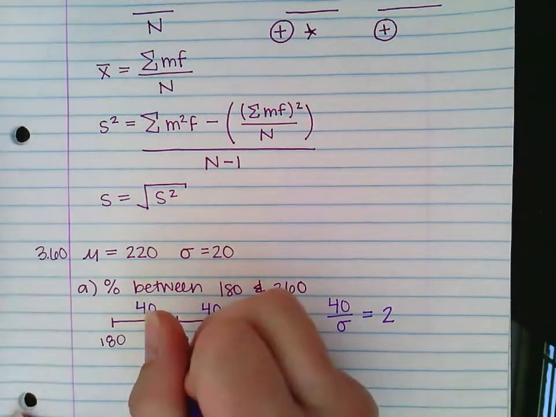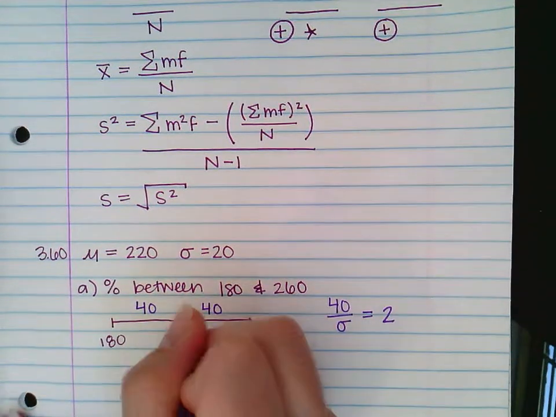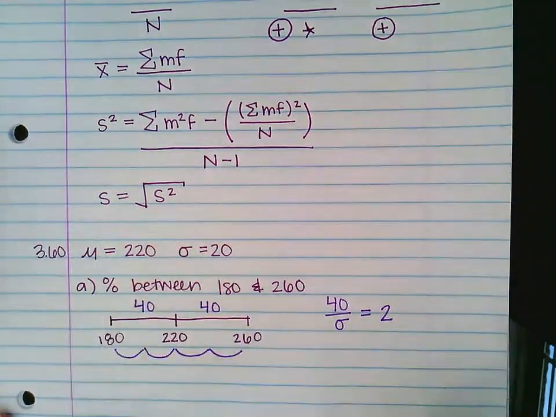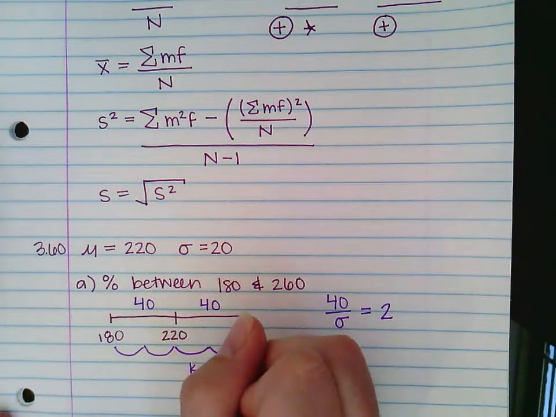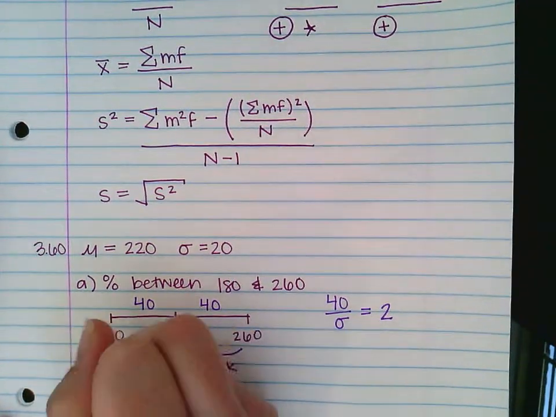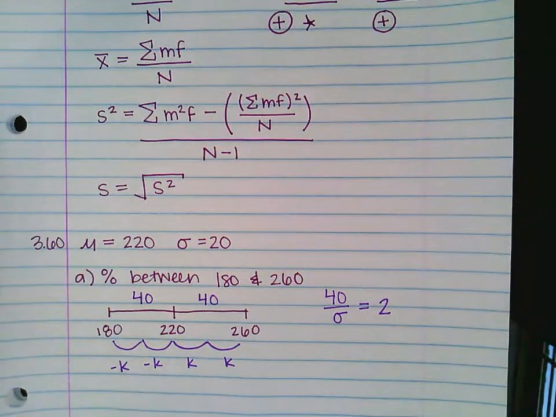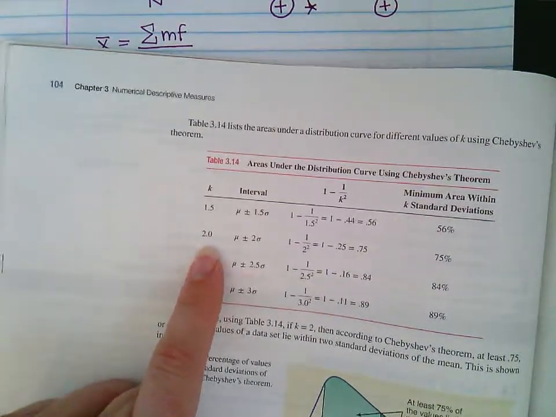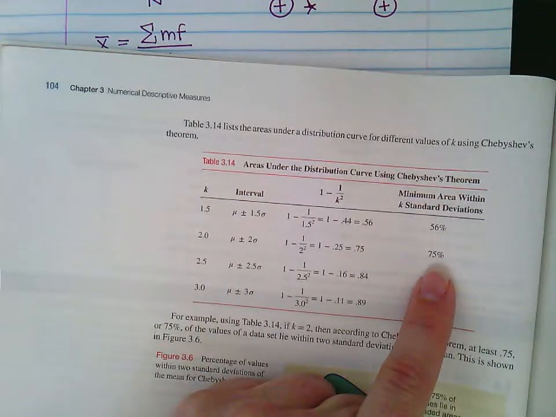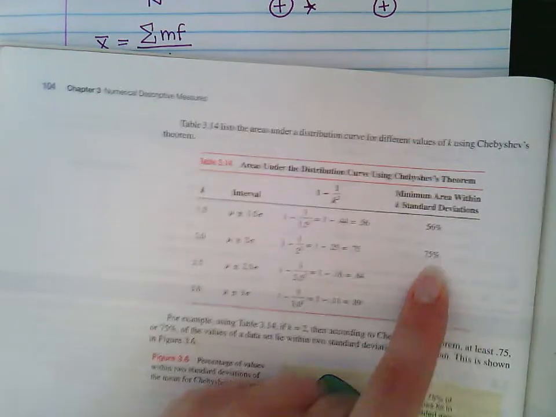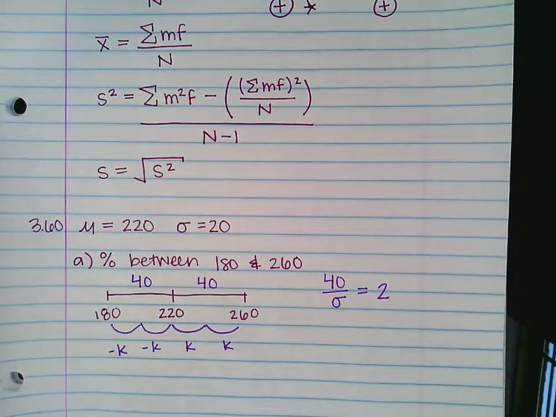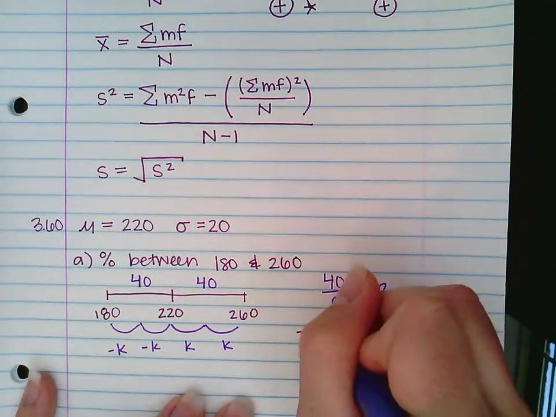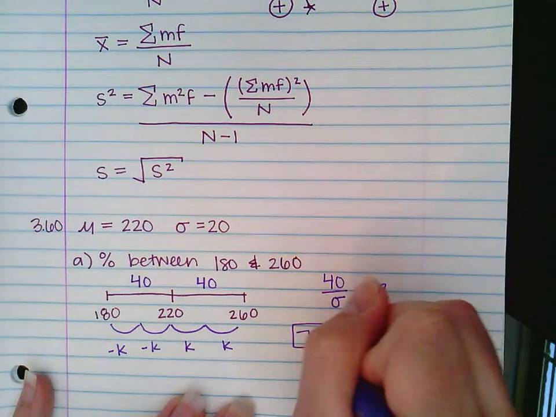And so these are 2, the book calls them K's, away from the middle on each side. And then if you use the table in the book, if you go to where K is equal to 2, okay, 75% right here. So 75% of the data set is between those two values there.